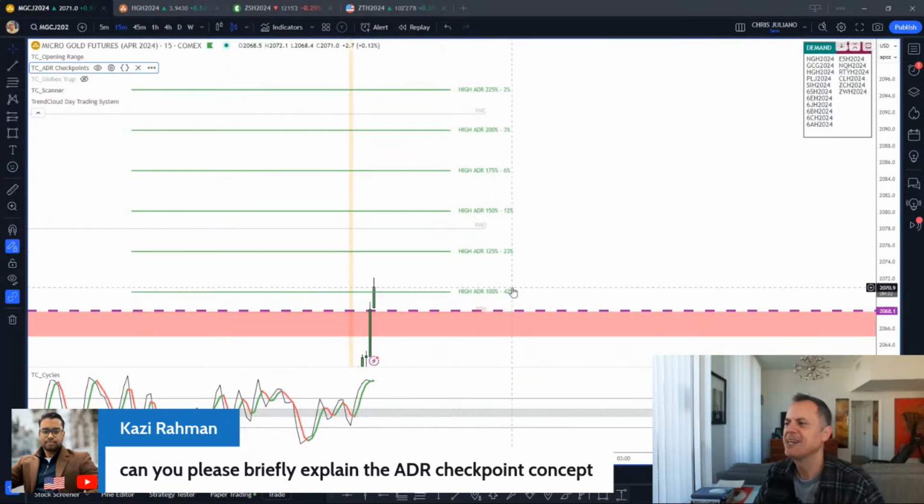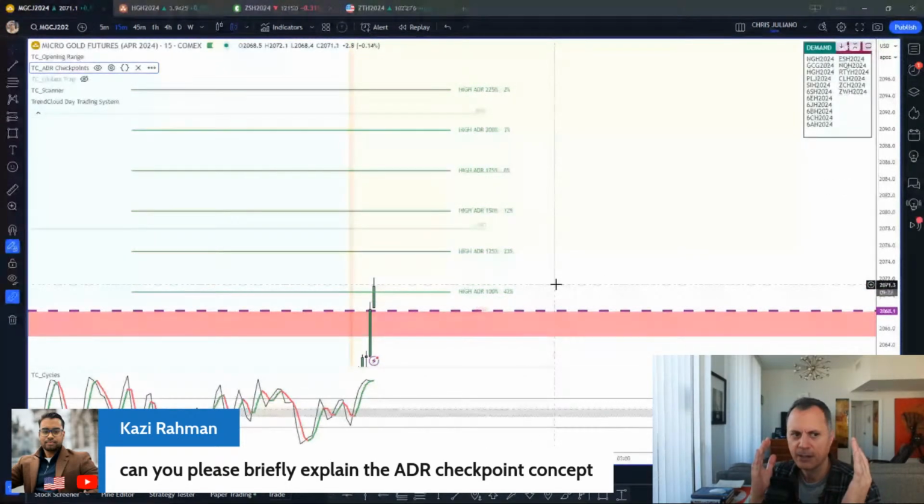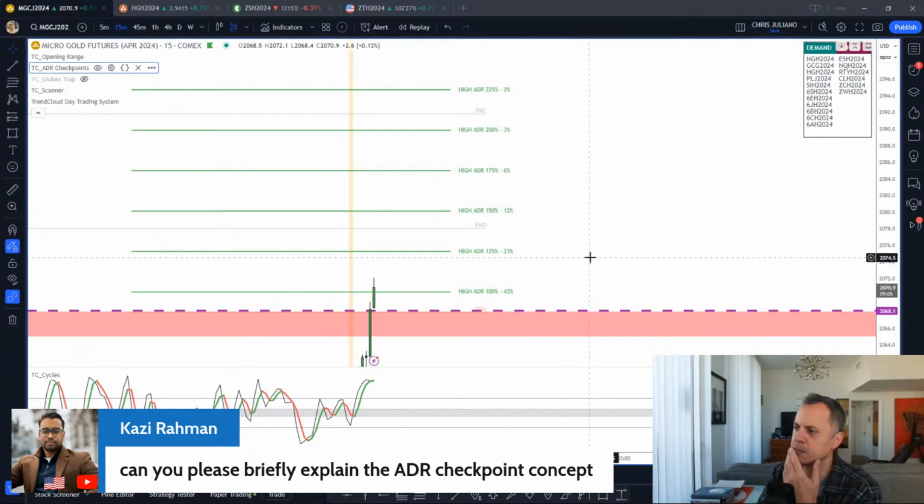So it kind of puts it in perspective for you to respect the levels as targets. Because our brains need context in order to understand cognitively how to process this information. So the more context we have, the better we'll understand it.